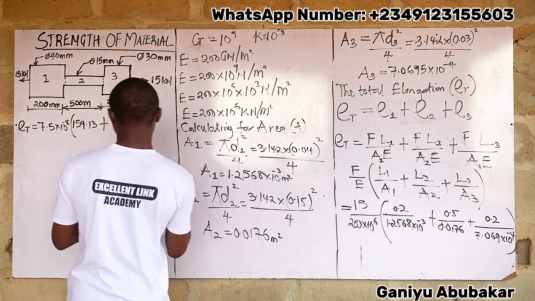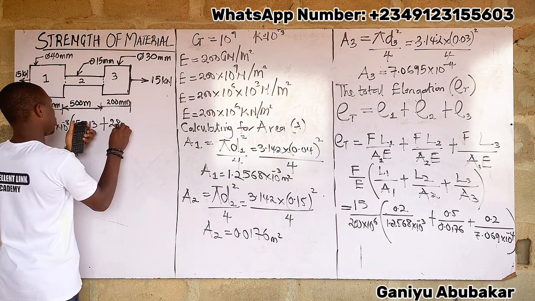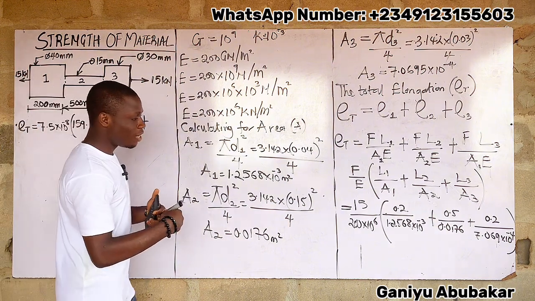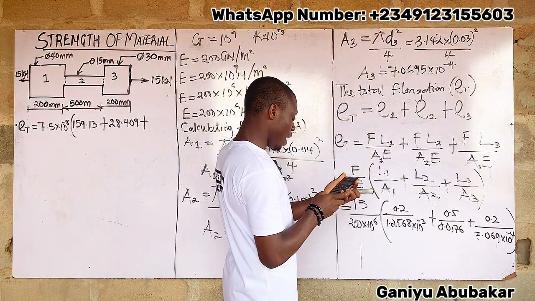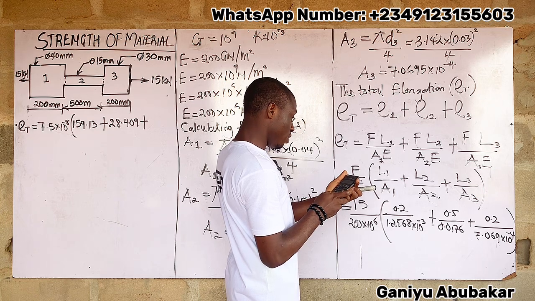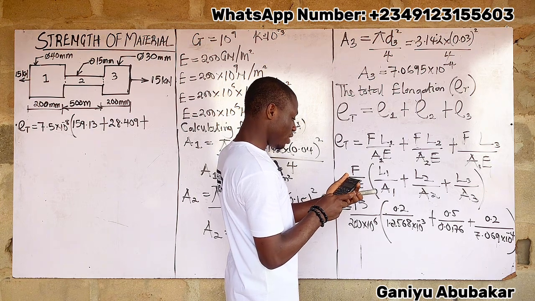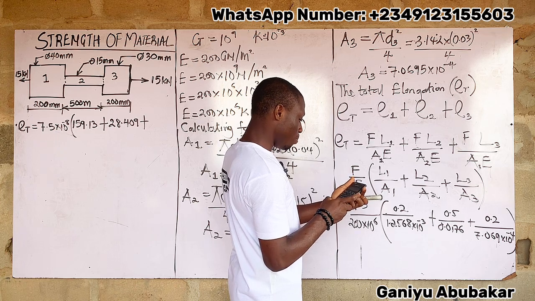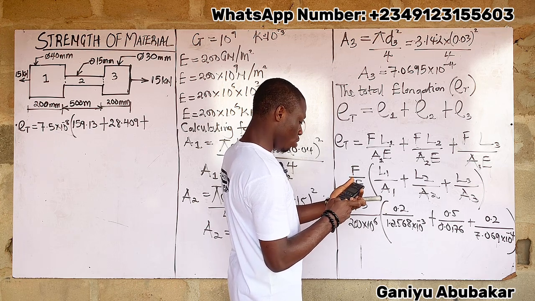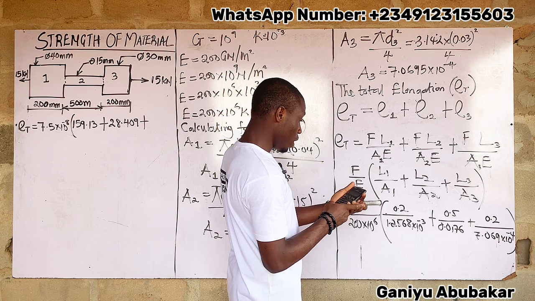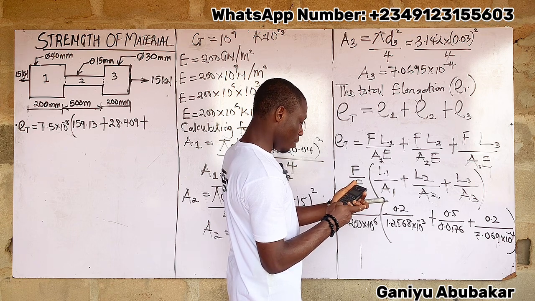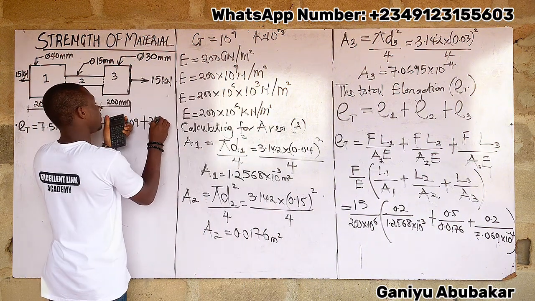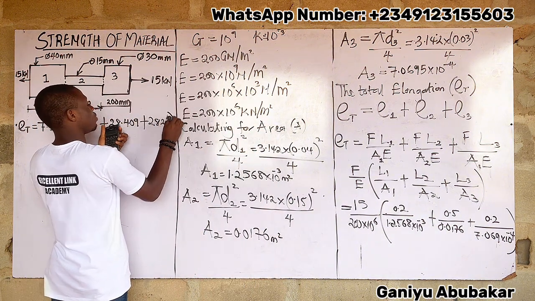I have about 28.409, plus, divide the other one there, 0.2 divided by 7.0695 times 10 to the power minus 4. So I have about 282.9.